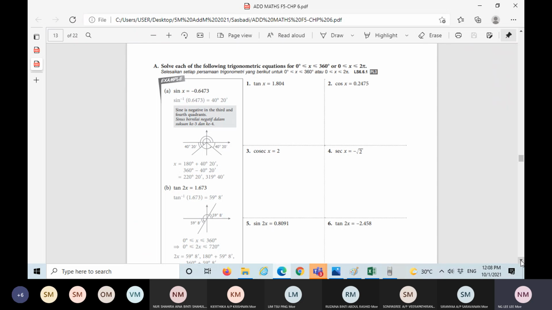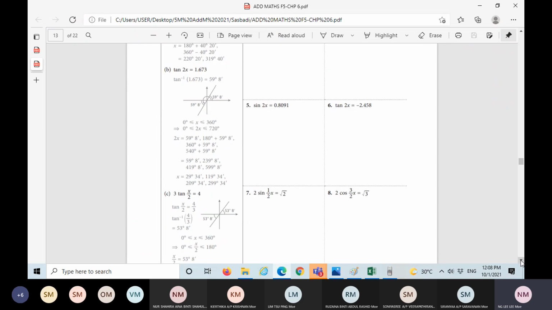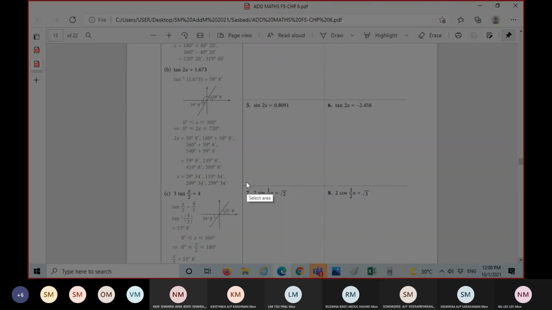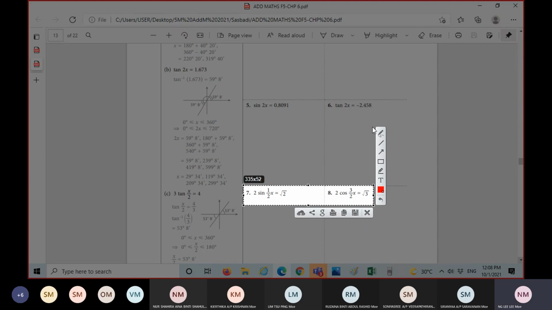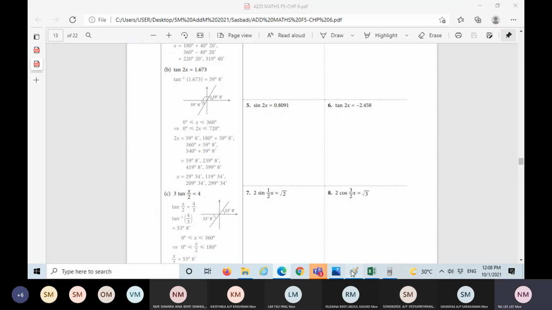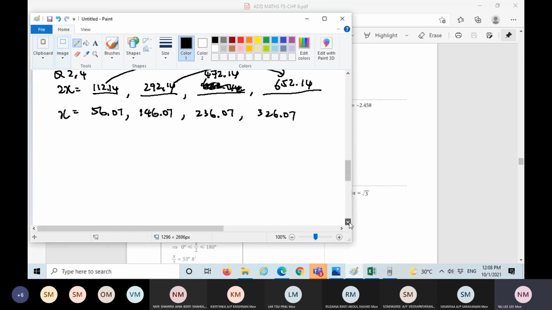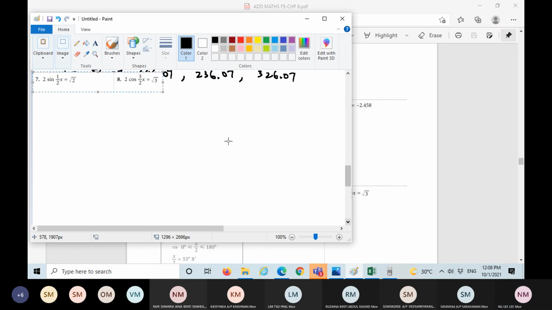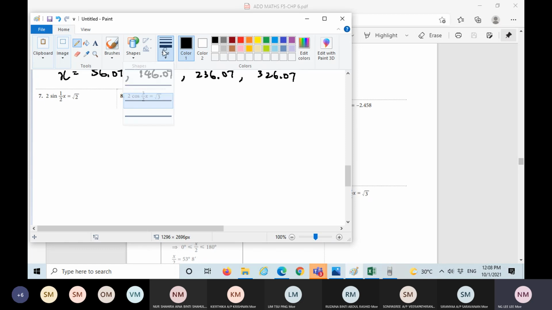Okay, two more questions, 7 and 8. Try number 7. First of all, the 2 moves to this side, so it is square root 2 over 2.